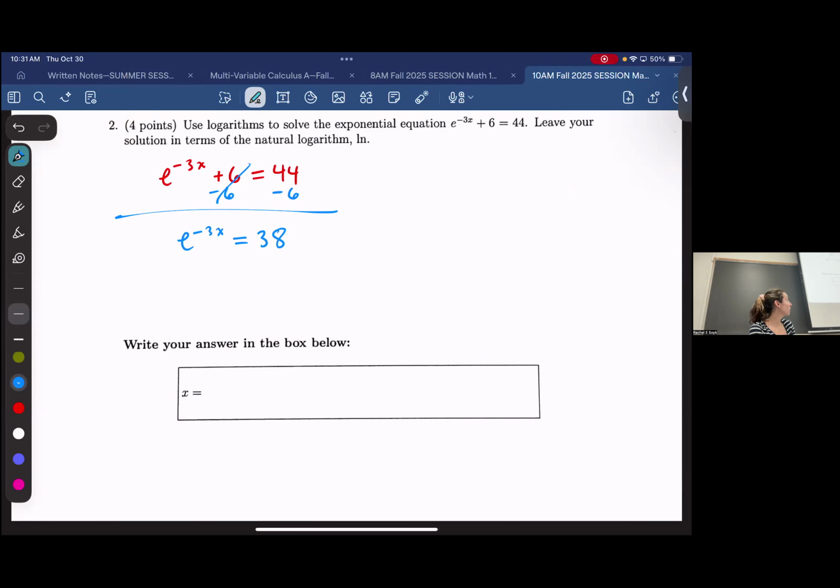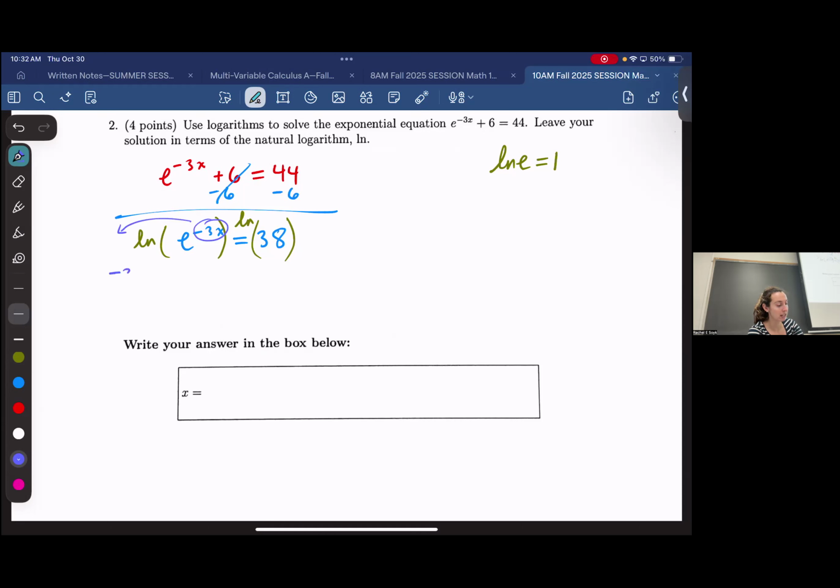And now we want to take our natural log of both sides. And what's our famous fact of natural log of e? Yeah. And properties of logarithms, we can bring that -3x in front.